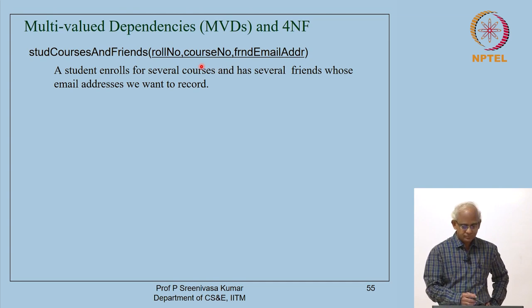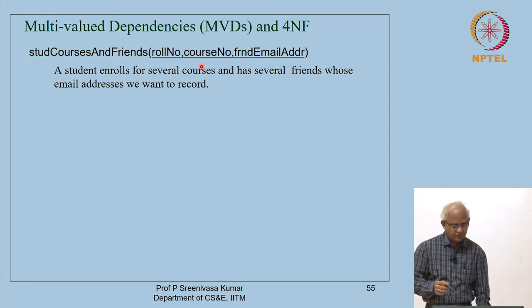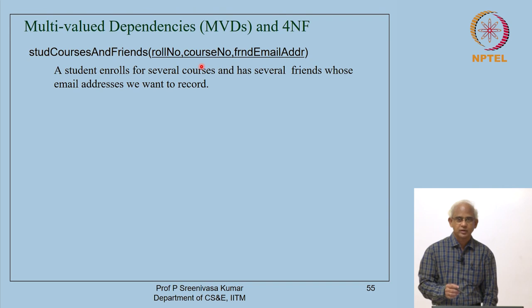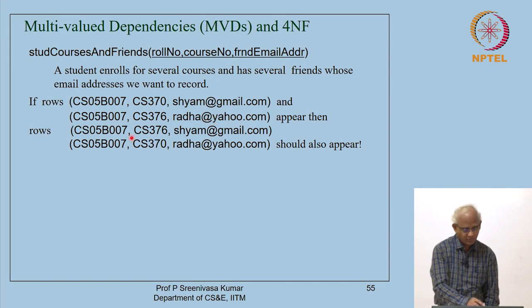But now look at the interesting consequences of having to store data in this particular relation scheme. Supposing I have details about a particular student whose roll number is given here and he is doing two courses. Let us say he has a couple of friends, Radha and Shyam.